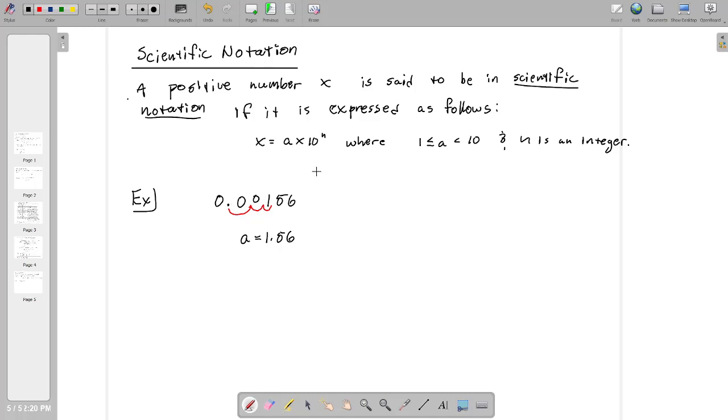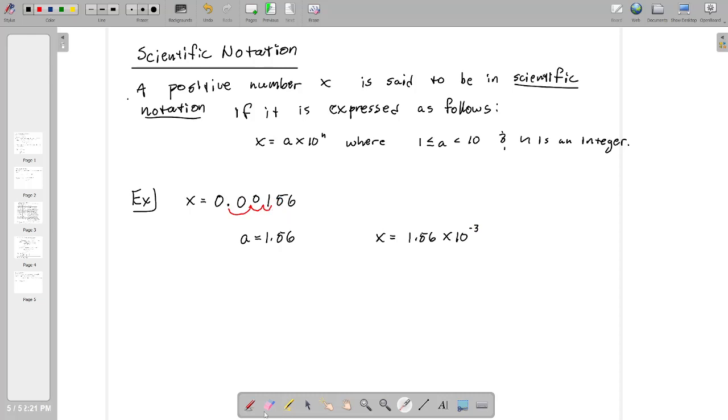So the value of our n is 3, but since we moved to the right, our exponent is negative. So x will equal 1.56 times 10 to the negative 3. Because we moved 3 units to the right. Because we moved right, we have a negative. 3 comes from the fact that we moved 3 spots over.